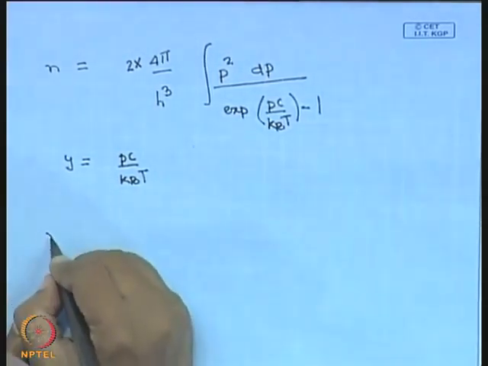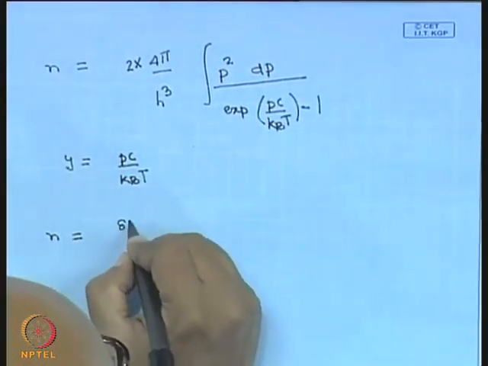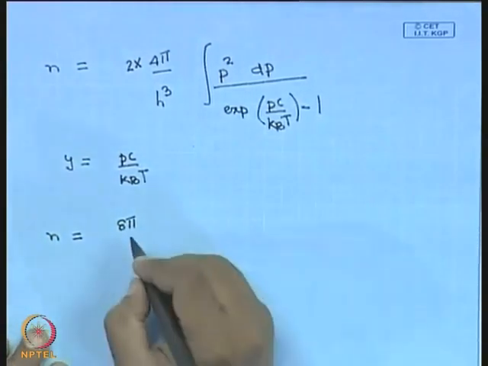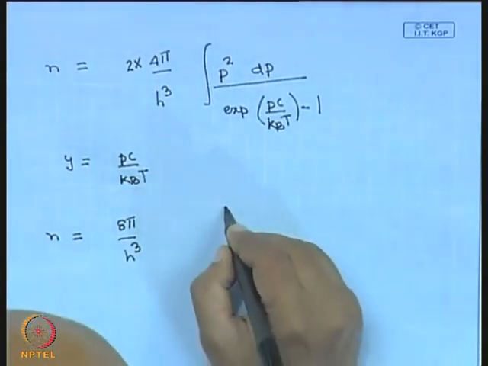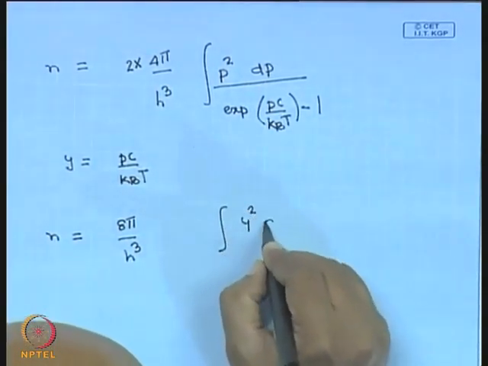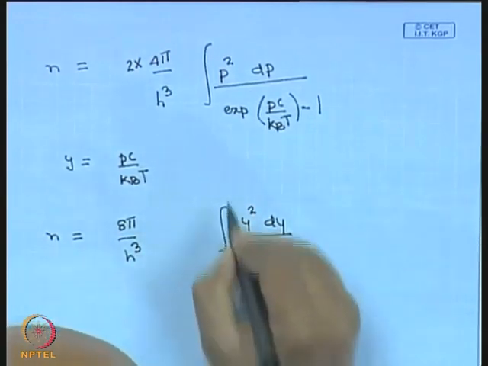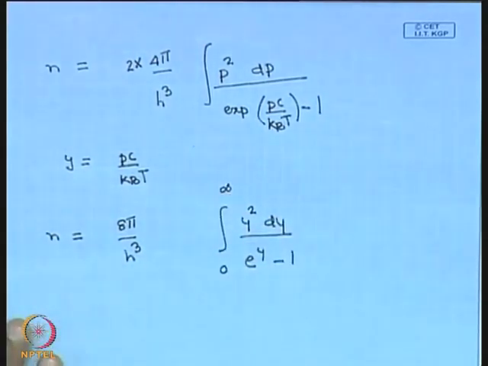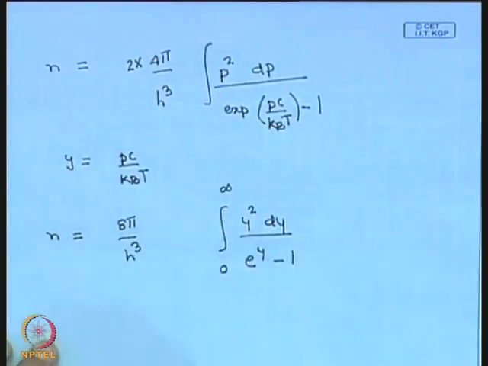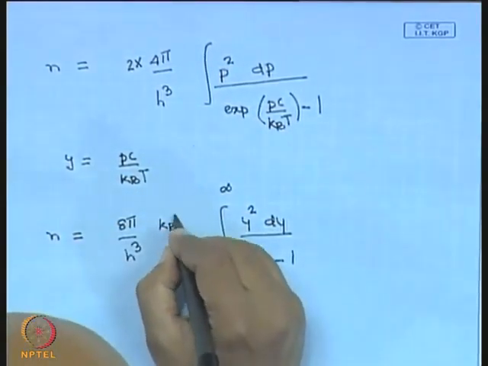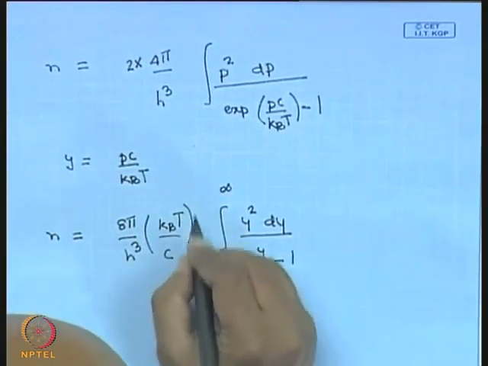So what you have is that the number density is equal to 8 pi by h cube, and I will write this integral as the integral of y square dy over e to the power y minus 1 from 0 to infinity, and I have to put extra factors because I am converting this p to y. So I will have kbt by c whole cube.